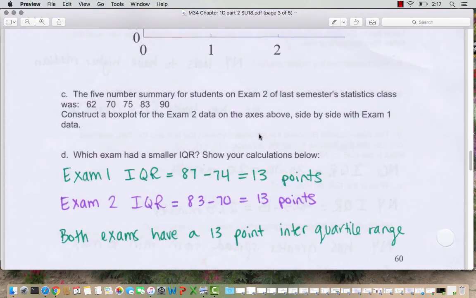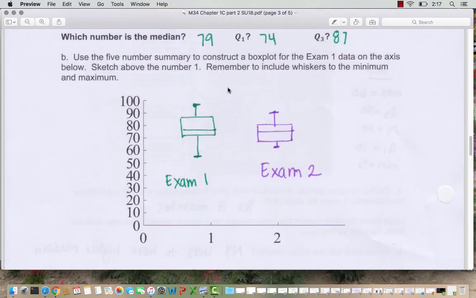So now we're given the 5-number summary for exam 2. The minimum is 62. The maximum is 90 over here. Quartile 1 is 70. The median is 75. And quartile 3 is 83. So again, I did my best to draw those points in here. You put a dot or a small line where the minimum is.